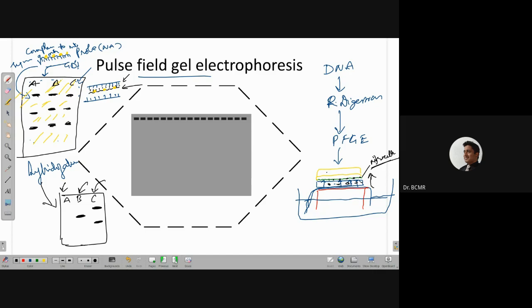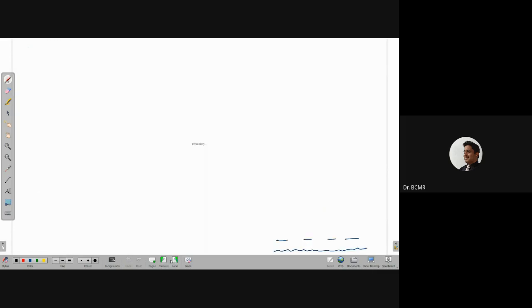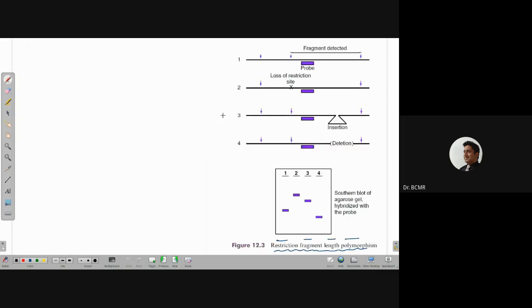When we are interpreting, we will get different possibilities, and that is what we are looking at in the next slide. They have taken 4 different samples, say samples 1, 2, 3, and 4, and they are already telling what the difference is. And here is the probe.